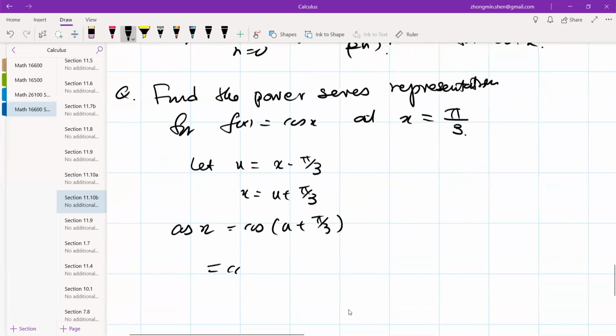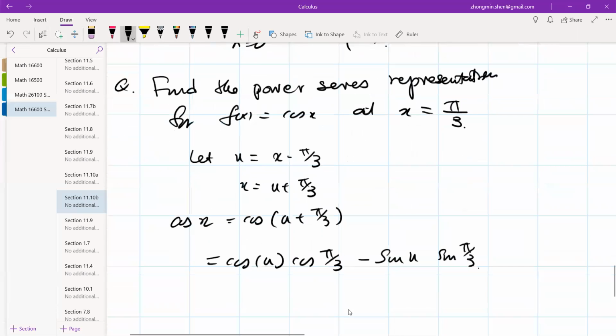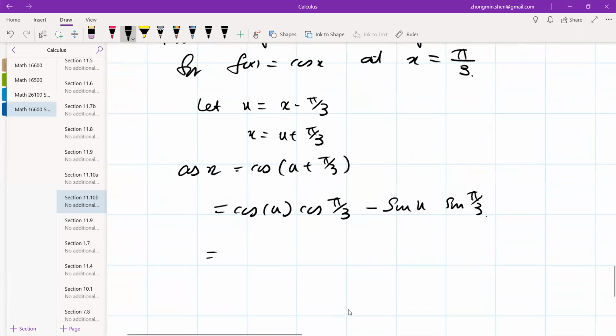It's going to be cosine u cosine pi over 3, and I think it's minus, that's the problem here, subtraction, sine u sine pi over 3. Cosine pi over 3 is 1/2, and sine pi over 3 is square root 3 over 2.